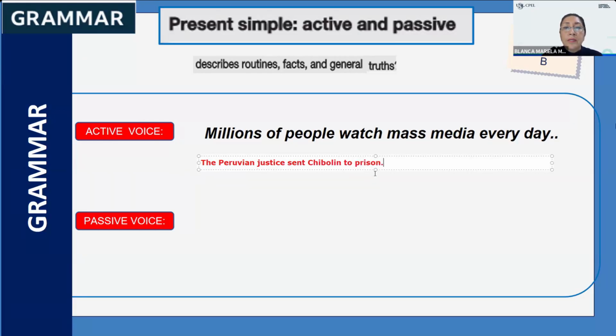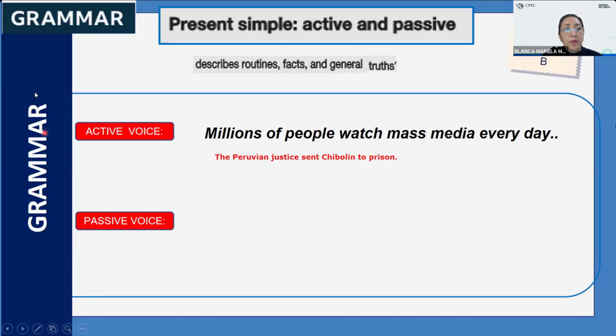So the Peruvian justice sent Chibolin to prison, okay? The Peruvian justice sent Chibolin to prison. This is a sentence in active voice, okay? But I can also say Chibolin was sent to prison by the Peruvian justice, okay?